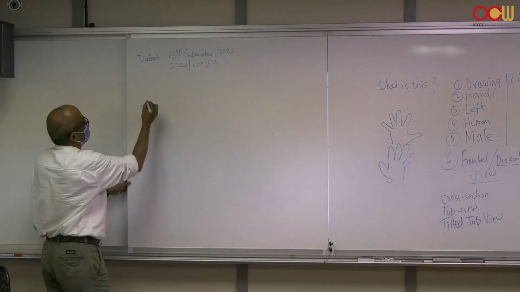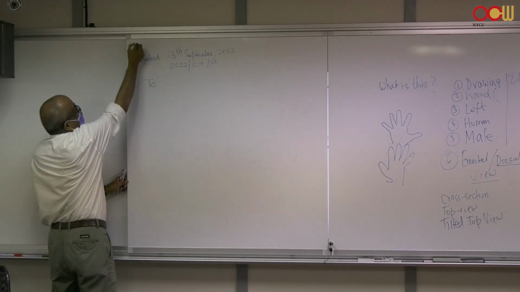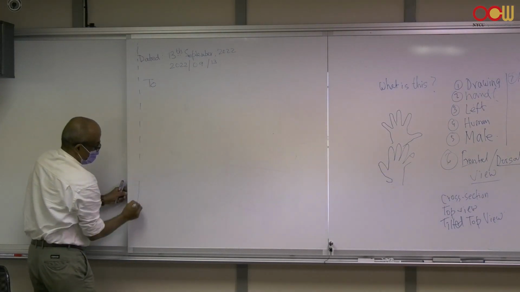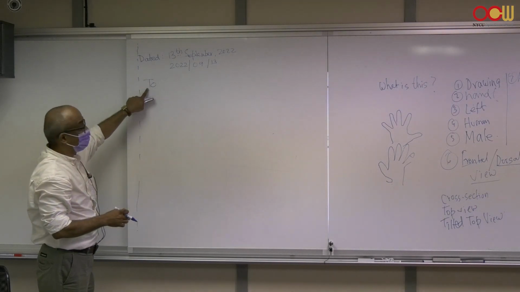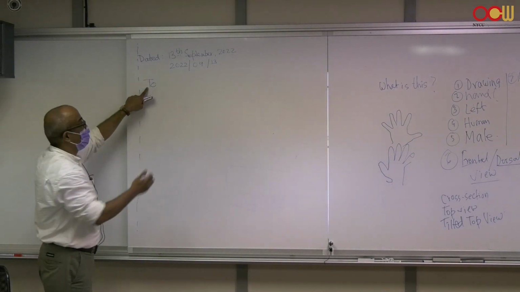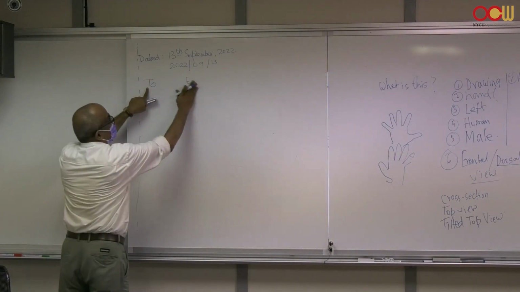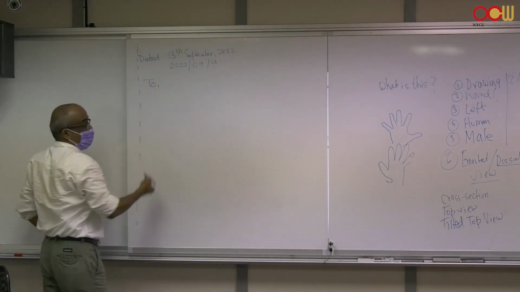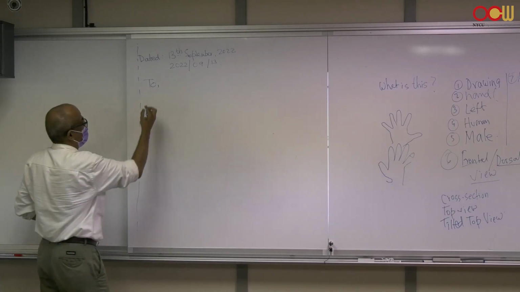So, To. And remember, it has a margin. This is your page. When you write To, the T is capital. Don't write it in small letters, that's wrong. And a comma. To, comma. And then somebody's name, Dr. So-and-so.